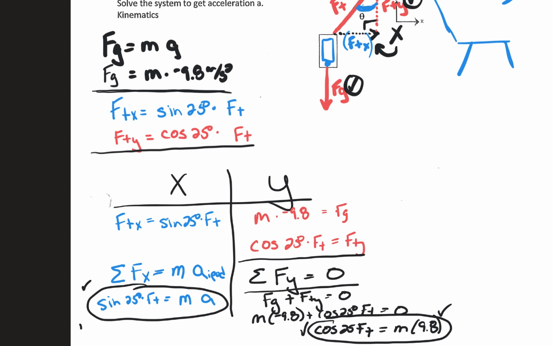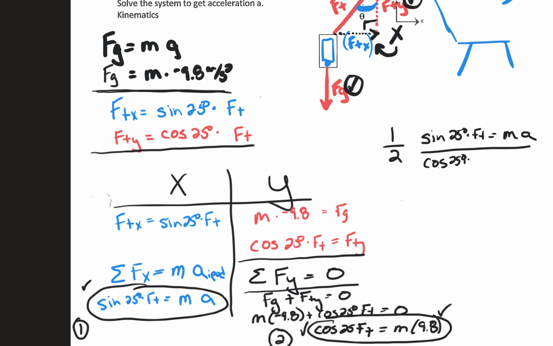So we're going to take this one and call it equation 1, this equation 2, and we're going to divide 1 by 2. So sine of 25 times ft equals m times the a of the plane, divided by cosine of 25 times ft equals m times 9.8. Okay, interesting, but certainly a new skill.